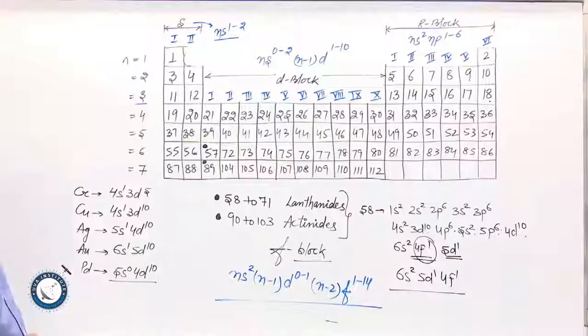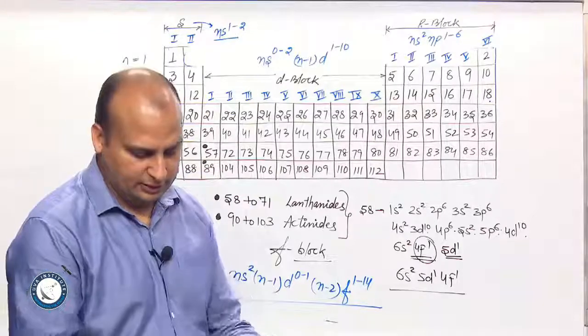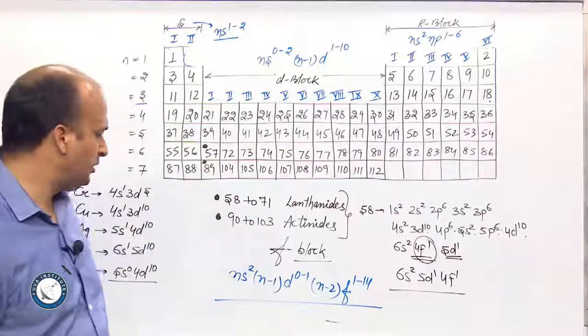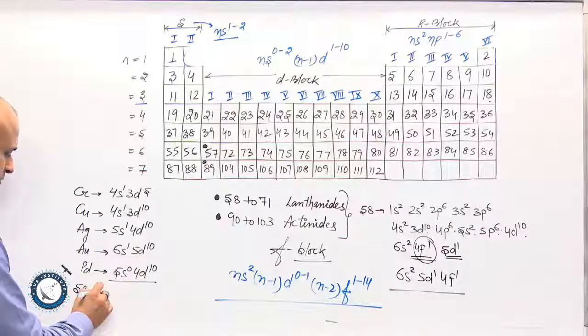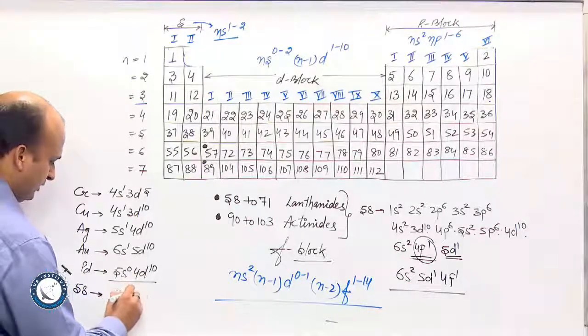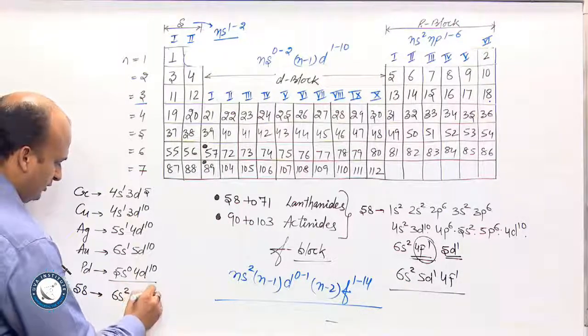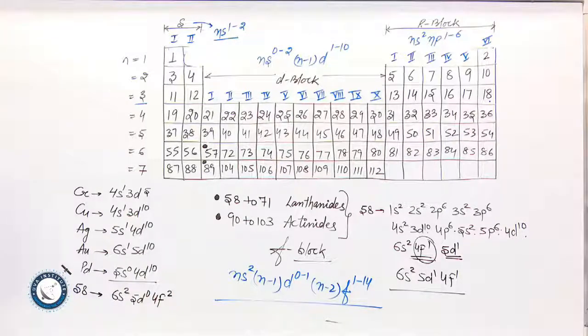Okay, fine. Now I am giving you the electronic configuration of the F block elements. So 58, please check over here, for 58 it is 6s2 5d0 4f2.